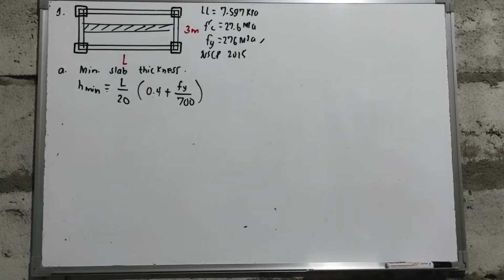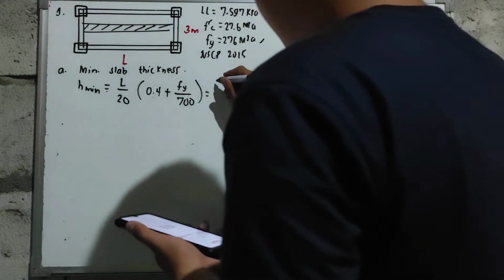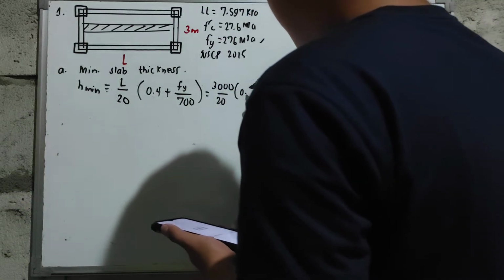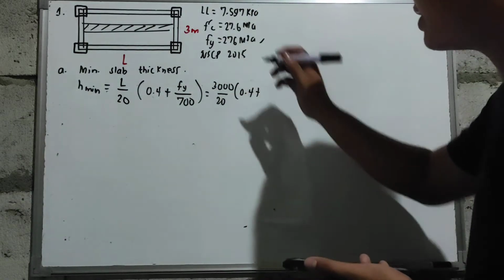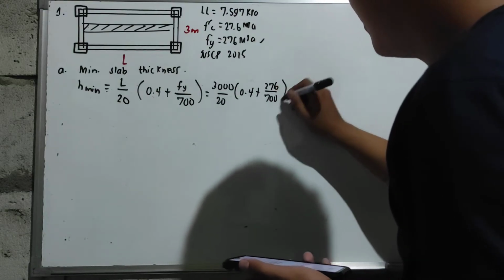So let's compute for the minimum thickness. So meron tayo dito na L natin, that is 3 meter. So gagawin natin yung 3,000 millimeter over 20 multiplied by 0.4 plus yung given natin na Fy na 276 megapascal over 700.